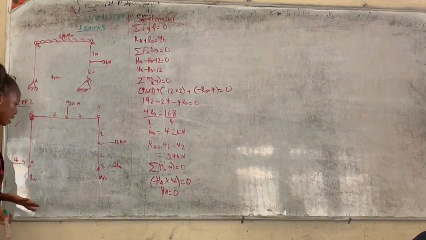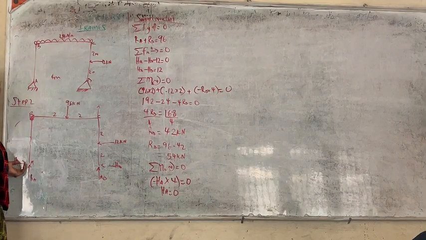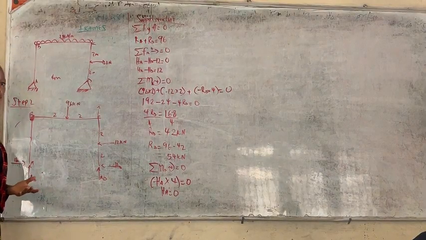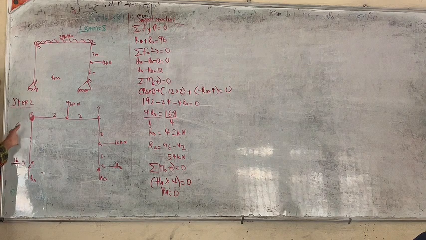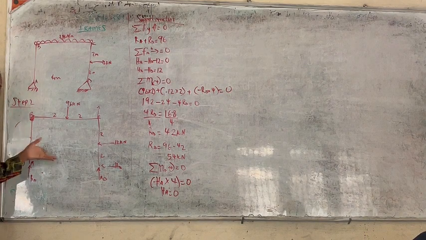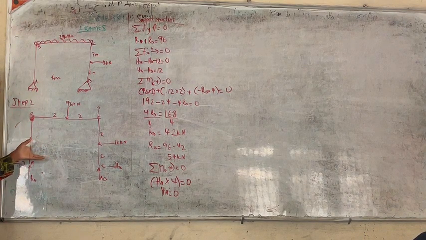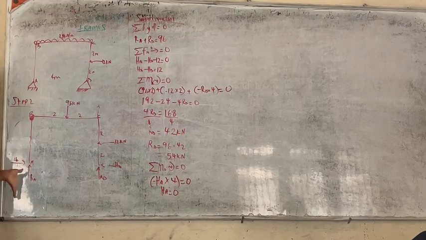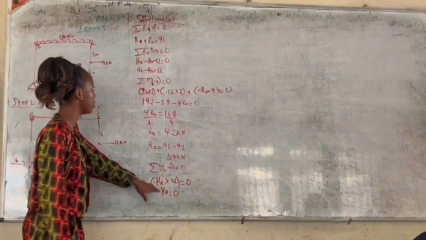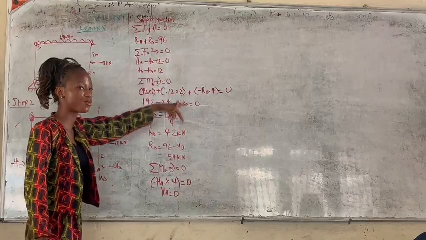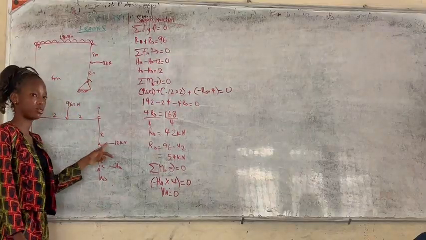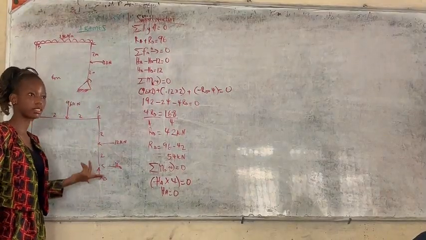It actually makes sense. Why? Because if our HA is actually 0, it's actually correct, because on this line there's no other force. We don't have any other reaction. Do you get? So having it as 0 is already balanced. If our HA is 0, that means our HD is what? Negative 12. And if our HD is negative 12, it's balancing that.